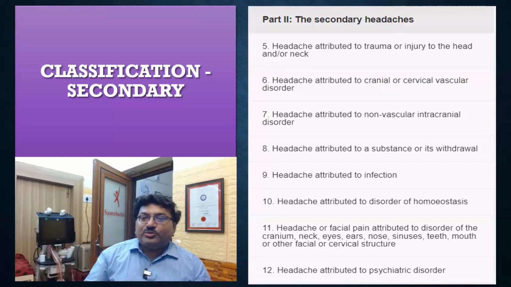Okay, headache attributed to cranial or cervical vascular disorder, then headache attributed to non-vascular intracranial disorder, headache attributed to a substance or its withdrawal, headache attributed to infection, headache attributed to disorder of homeostasis, headache or facial pain attributed to disorder of the cranium, neck, eyes, ears, nose, sinuses, teeth, mouth, and other facial and cranial structures, and then headache attributed to psychiatric disorder. So it all falls into the secondary headache group.